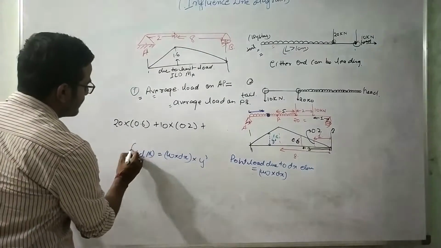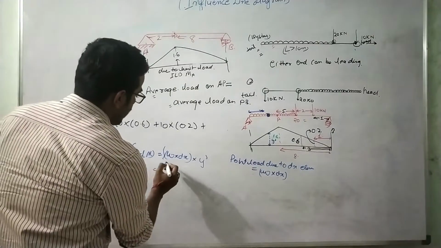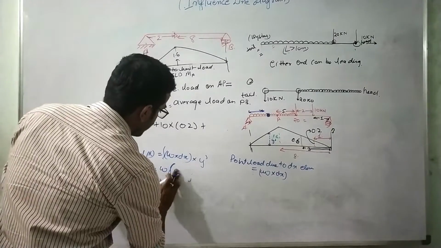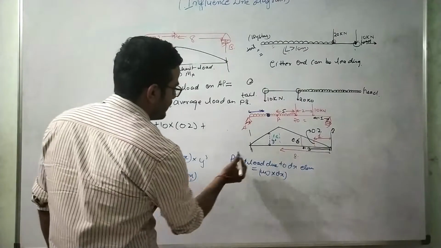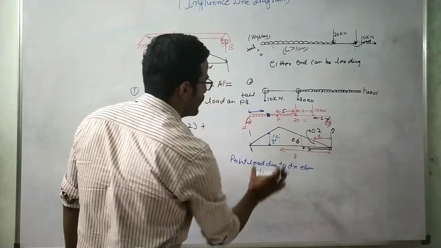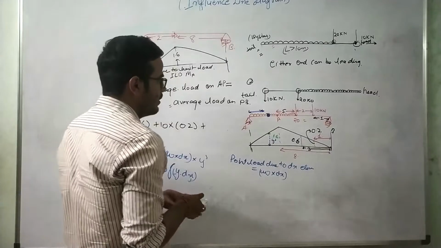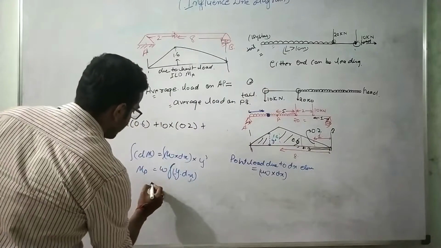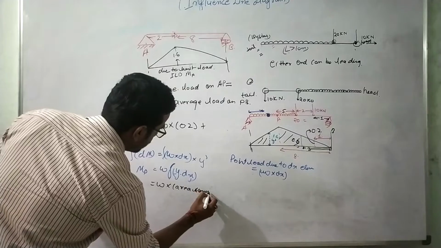If I integrate this, it will become M_P, and this W will come outside, and the integration of y dx is basically the area under this graph, the area which is coming under this UDL. So this y dx is nothing but the area under the UDL.